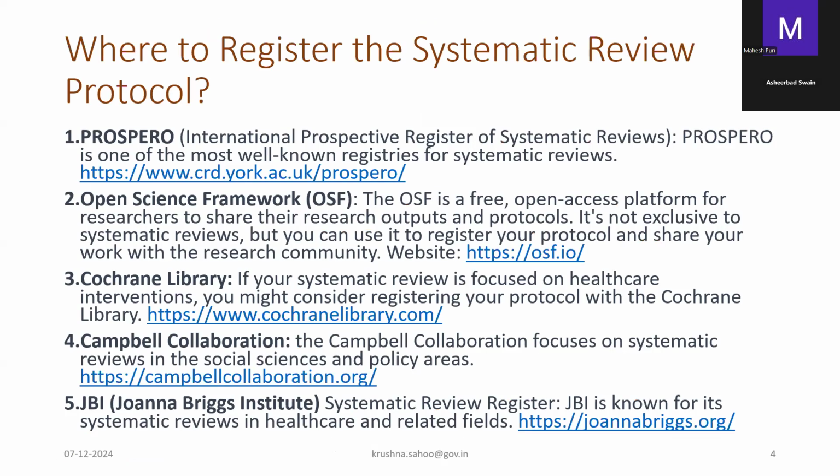In the first class we also discussed the various platforms where you can register your protocol. Basically PROSPERO, the International Prospective Register of Systematic Reviews, is a well-known register for systematic reviews, or you can use the Open Science Framework, the Cochrane Library, the Campbell Collaboration, or JBI, the Joanna Briggs Institute.